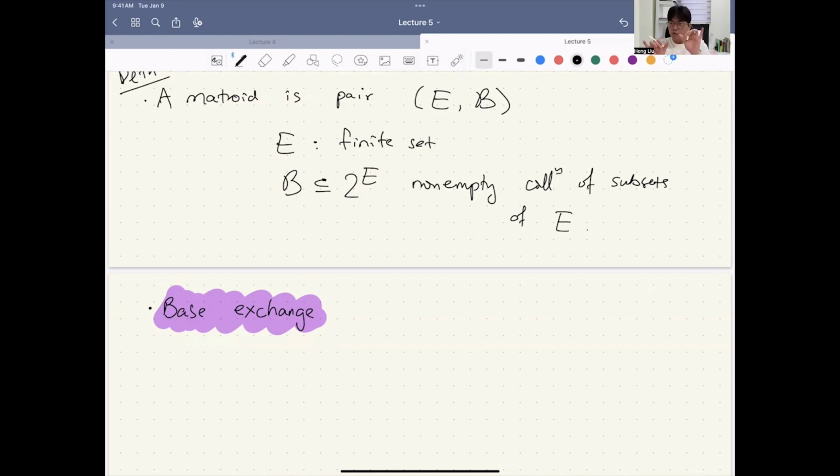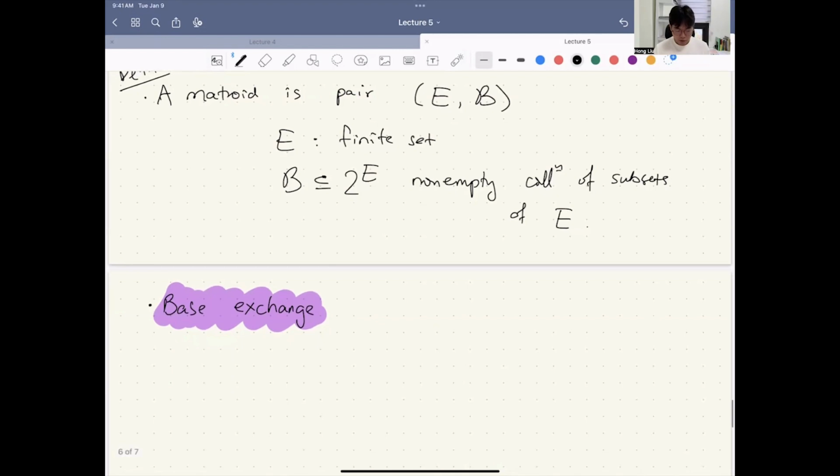You can remove it from this base, but then you can add something from the second base to it so that it becomes a new base to generate the whole vector space. And this is the axiom we're going to take. For any B prime, which are the bases, so this is the basis.